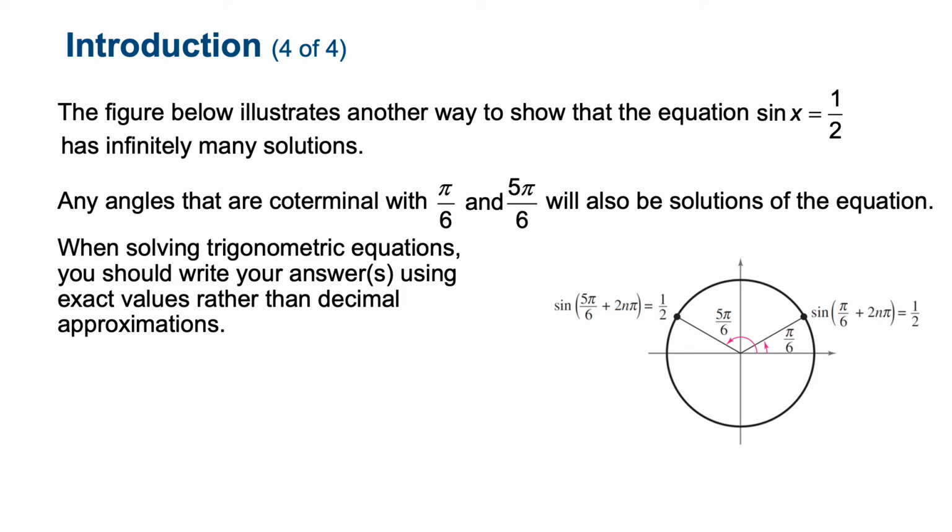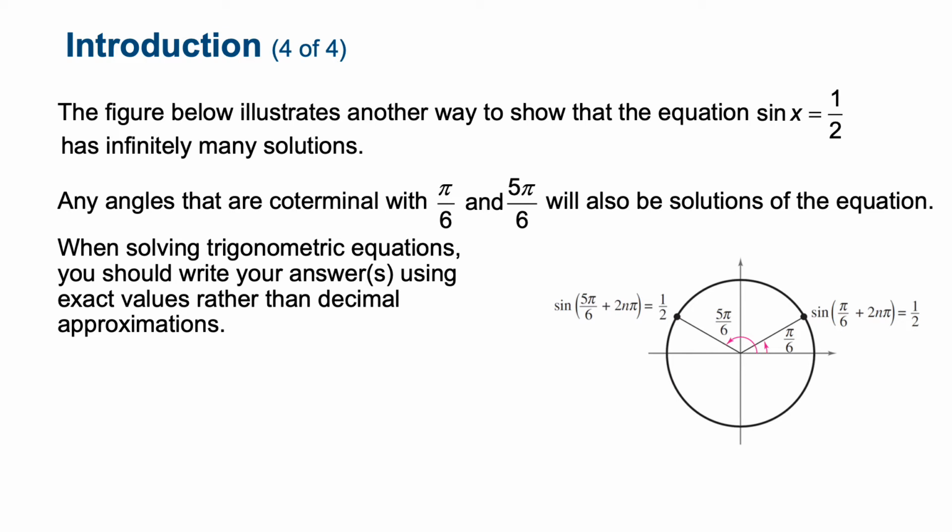Here's another way to consider the fact that sine of x equals 1/2 has infinitely many solutions. If you look at the unit circle, where does y equal 1/2? On the unit circle, it equals 1/2 at pi over 6 and at 5 pi over 6. Now, all the angles that are coterminal with these two angles are solutions.